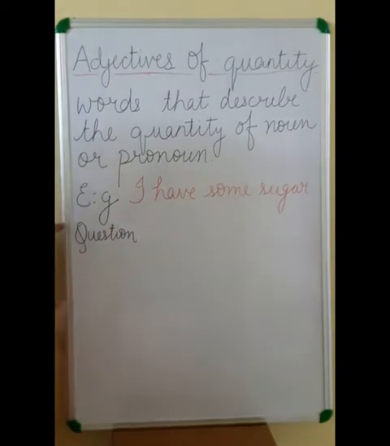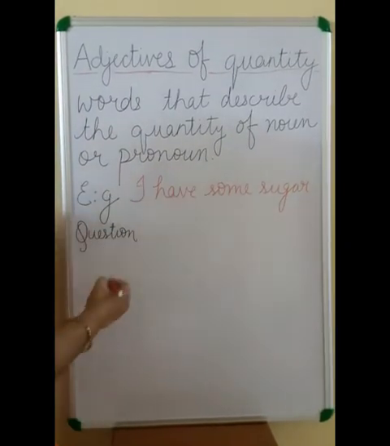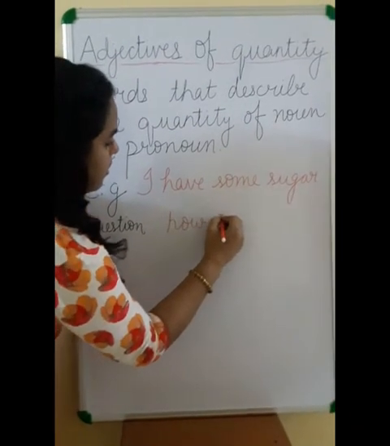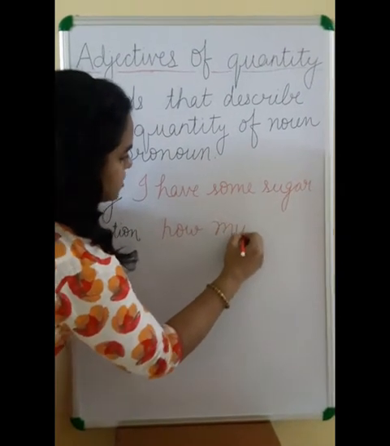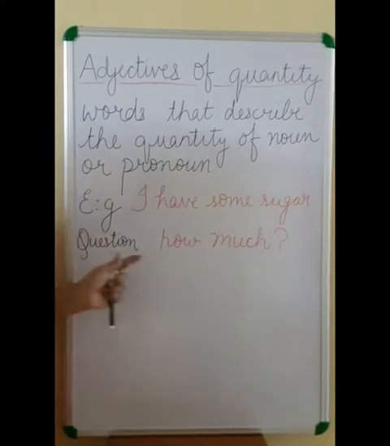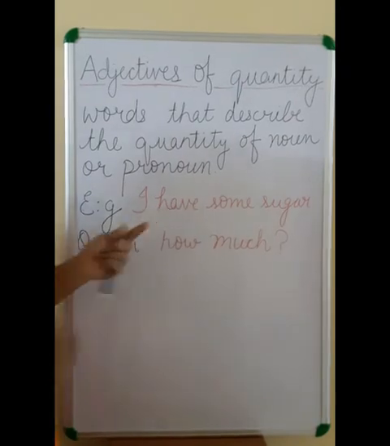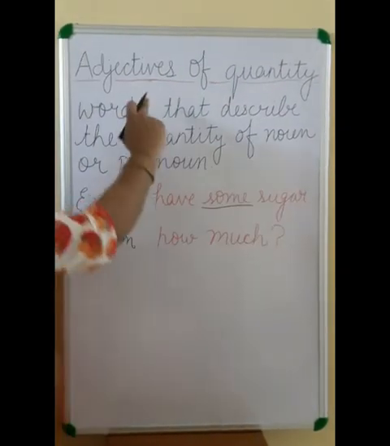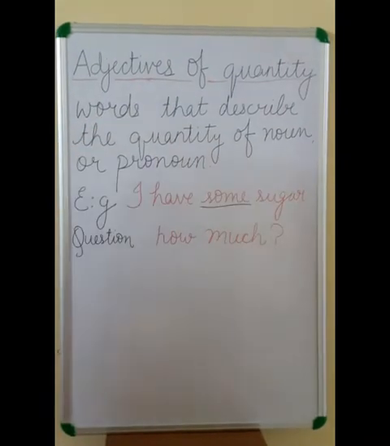Now, the question to which it answers is how much. So, how much sugar do you have? I have some sugar. So, some is the adjective of quantity.